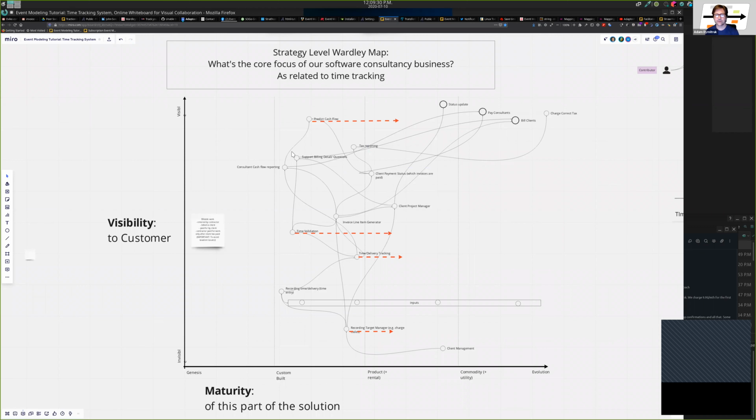Support billing detailed questions. I think we have considered that, and we have put it in the custom build space because if you get into a dispute with your customer, no two cases will be the same.